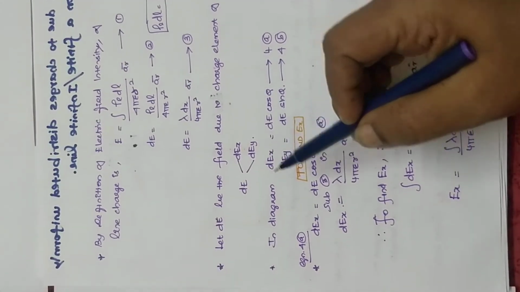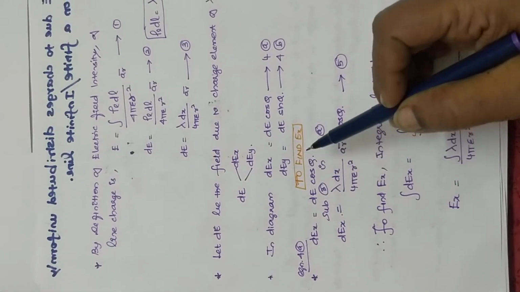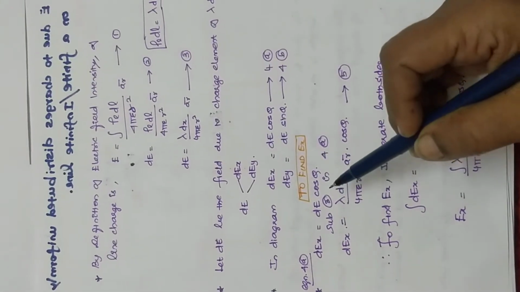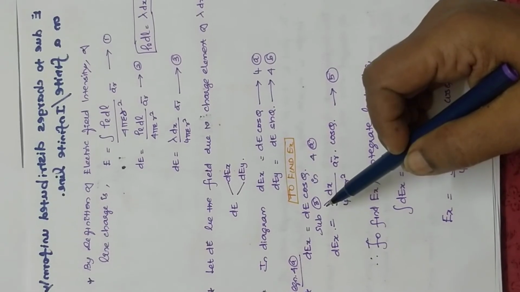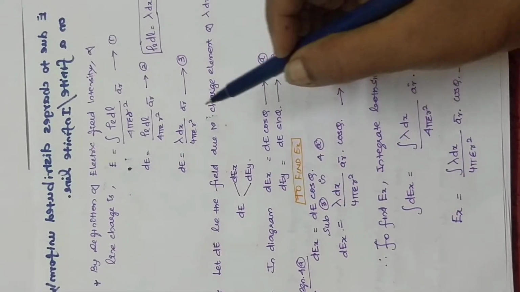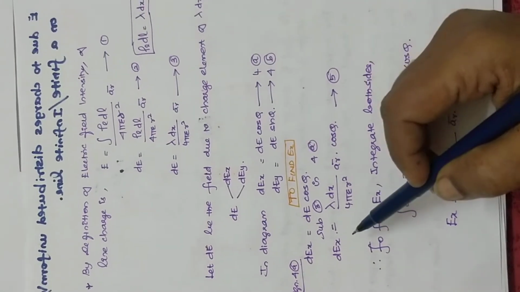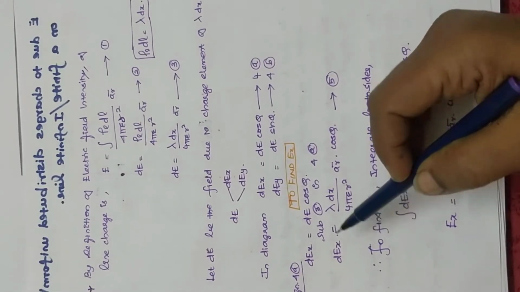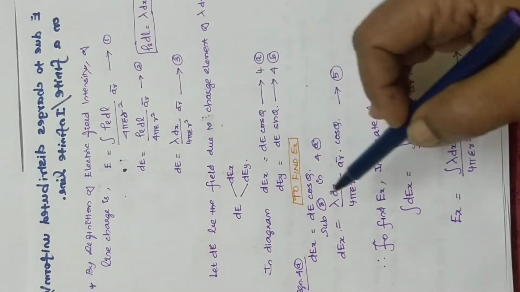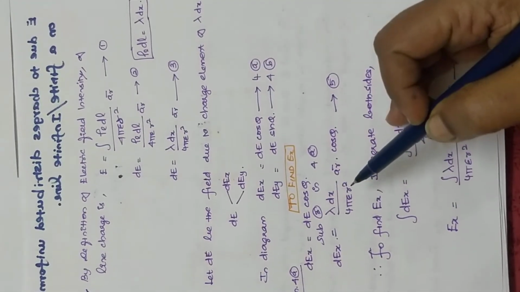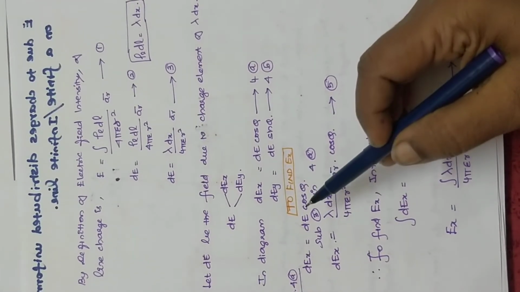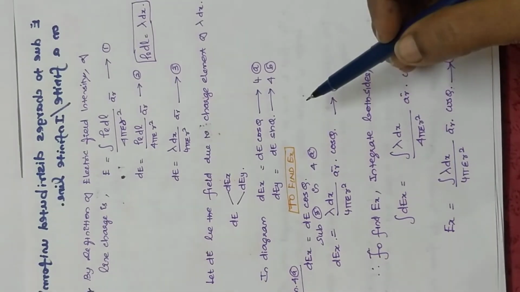So choose the equation dEx equal to dE cos theta. And now substitute the value of equation 3. dE already we have defined in this equation. So the equation is rewritten as, in the place of dE I have replaced lambda dx divided by 4 pi epsilon of r square ar vector into cos theta.